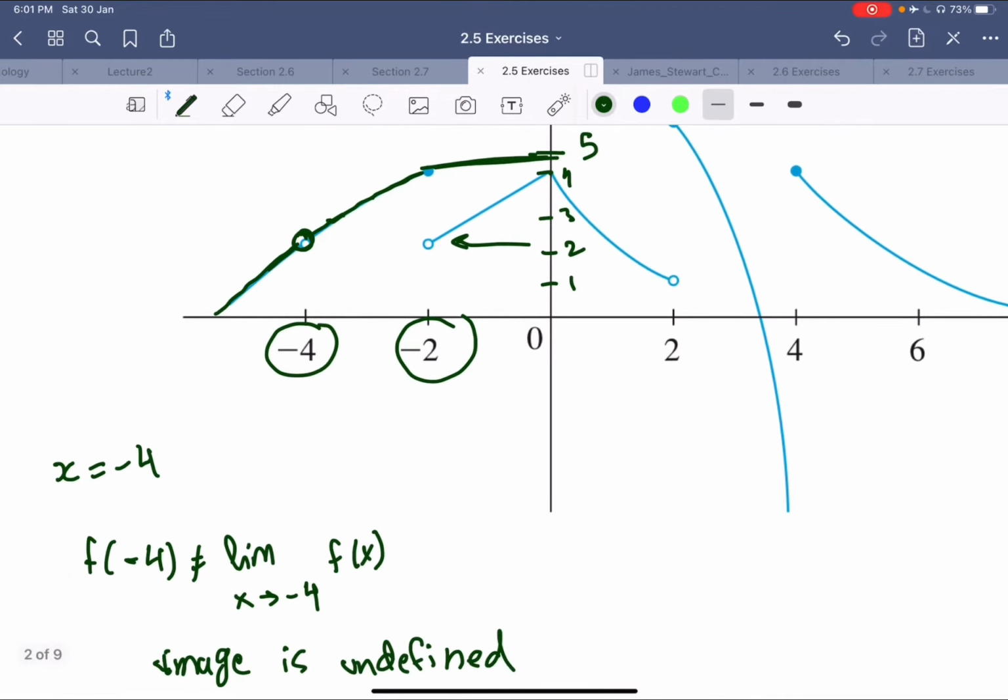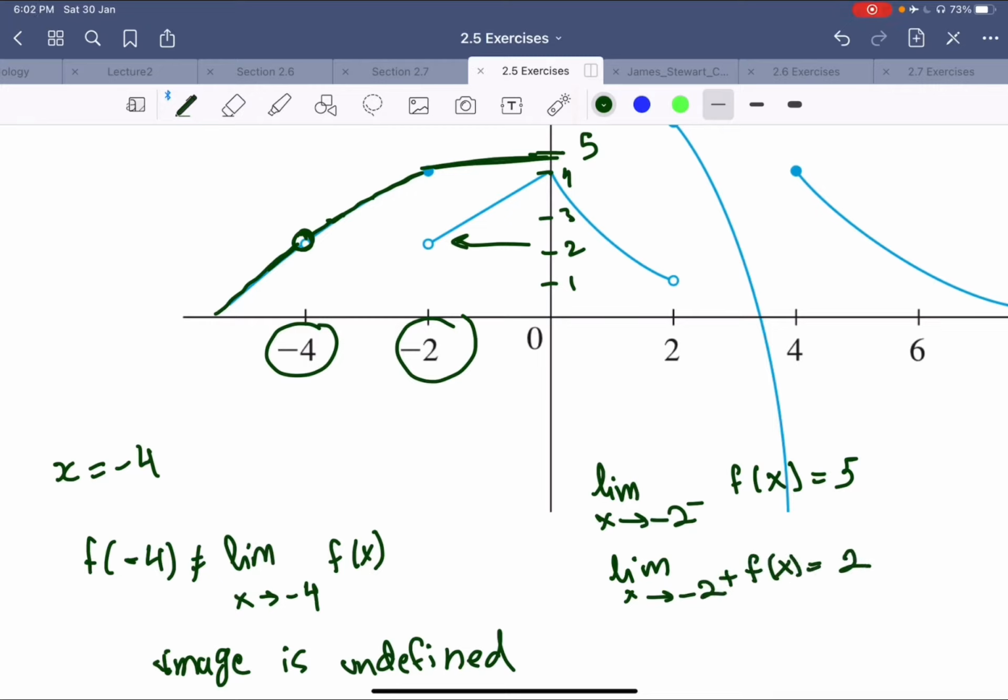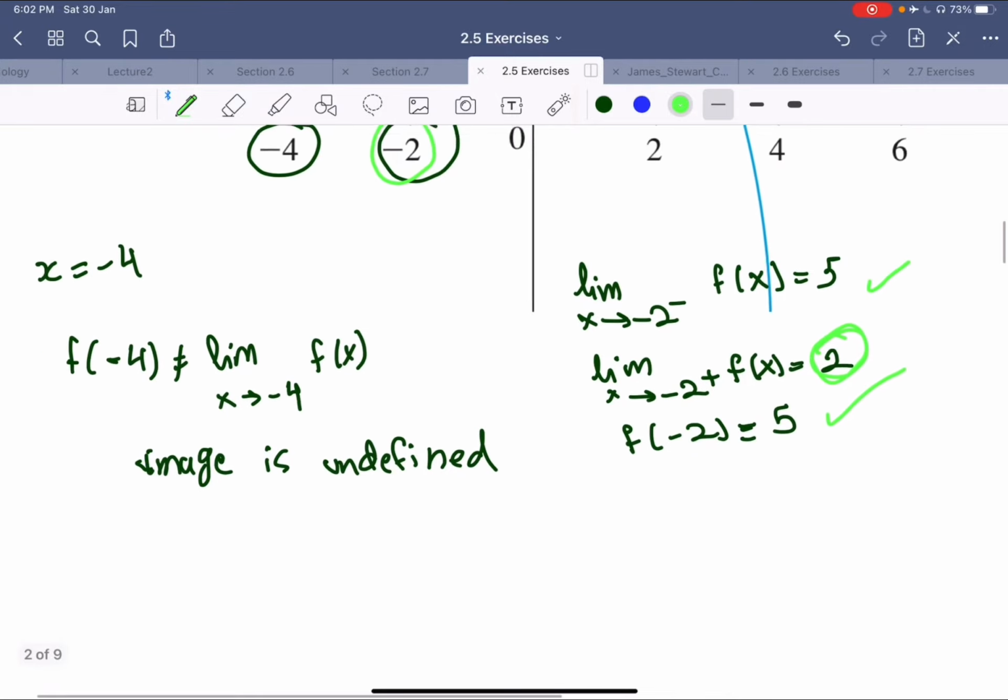So here the limit as x goes to -2 from the left for f of x equals 5, for example, and the limit when x goes to -2 from the right for f of x equals 2, and the image of -2 is 5. So yes, this one and this one are the same, but this is different. So f of x is discontinuous when x equals -2.